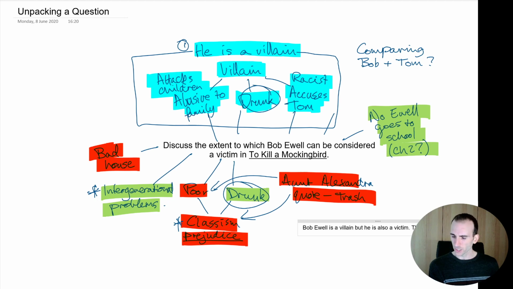The same prejudice that he holds against Tom Robinson is aimed at him and has shaped him to be the man he is. I don't love the wording there, but it's something to work with, isn't it?